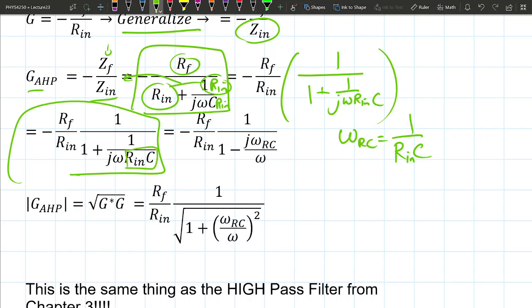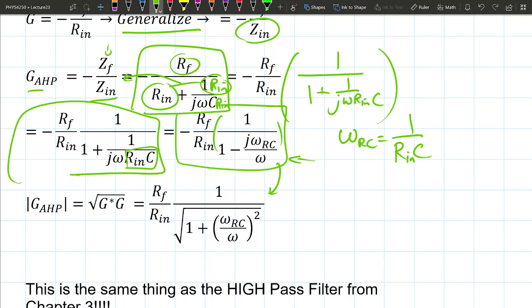If we do that substitution, the gain of this active filter is going to be Rf over Rn with the negative sign in front, multiplied by 1 over this complex number, 1 minus j omega RC over omega. Of course, to get to the gain, you have to take the complex conjugate, multiply by itself, and then square root the whole thing.